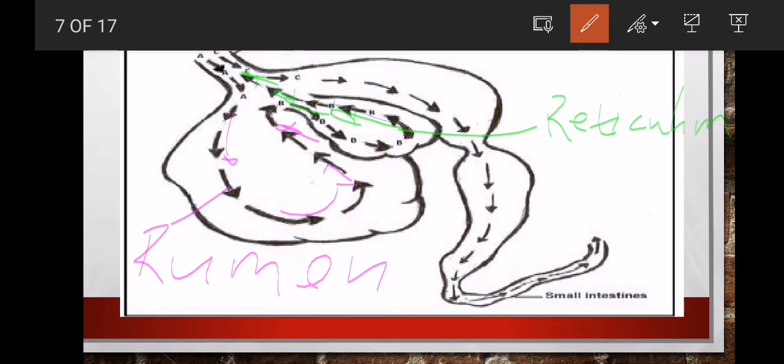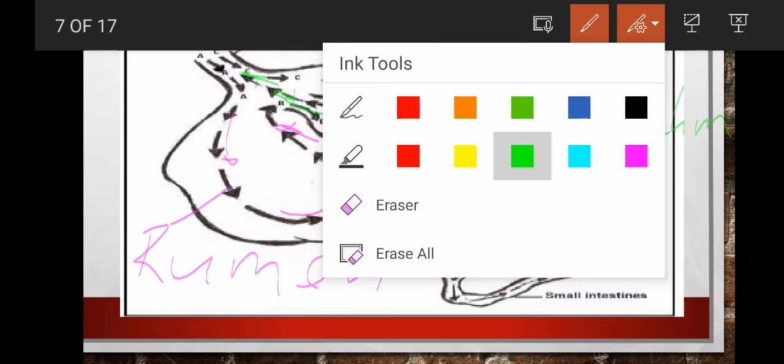It is the stomach that we call reticulum. Then it goes back to the mouth. Which process whereby the food goes back to the mouth, we call it reverse peristalsis, because we said when it enters for the first time, it's peristalsis. But when it has to go back for the second time, when it's to go back to the mouth, we call it reverse peristalsis. Okay, good people. Now, the food has to come back.